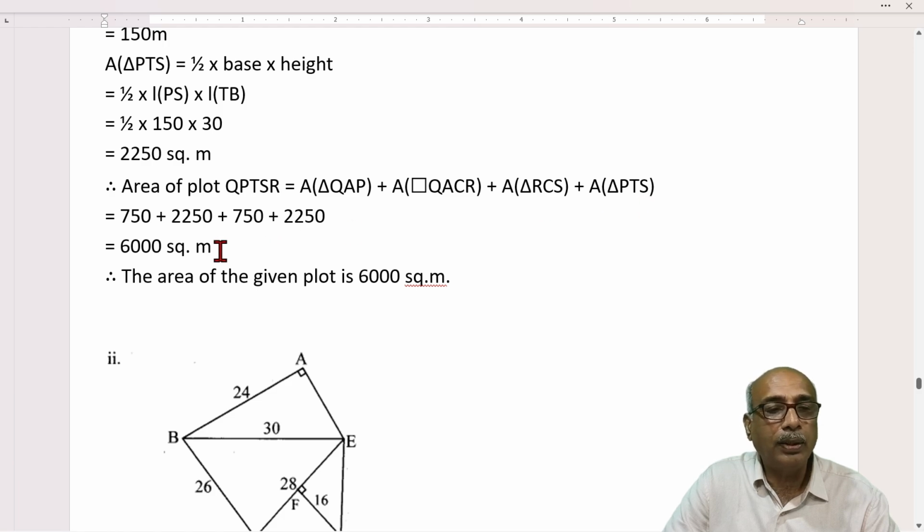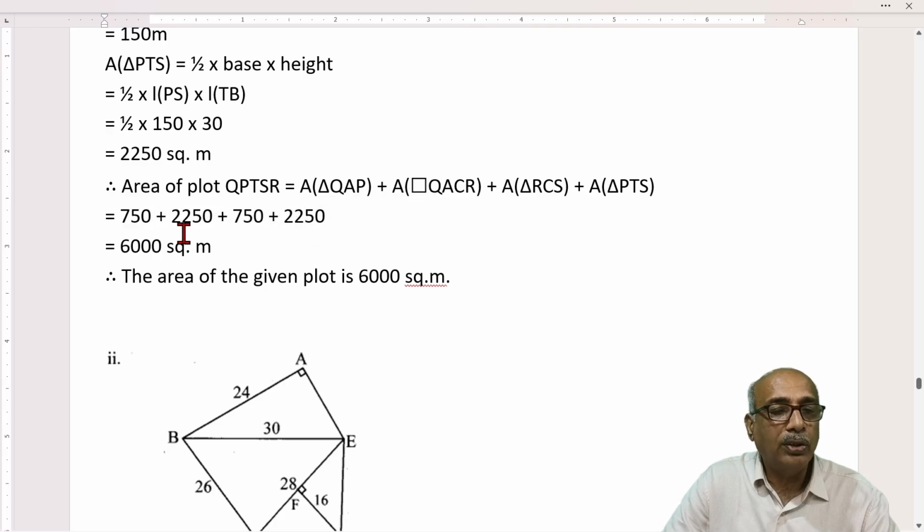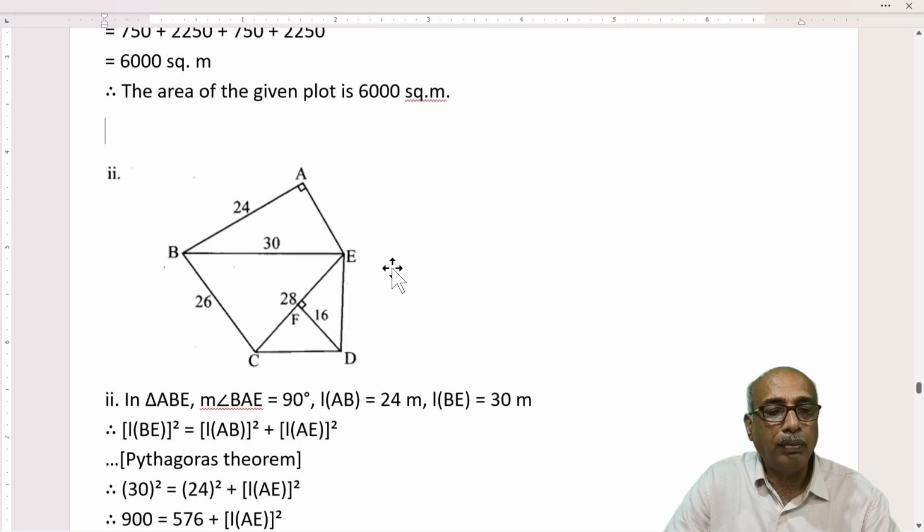So the areas of all these four that you have calculated above are to be added. So 750 plus 2250 plus 750 plus 2250. So 3000 plus 3000 equals 6000 square meter. The area of the given plot is 6000 square meter.